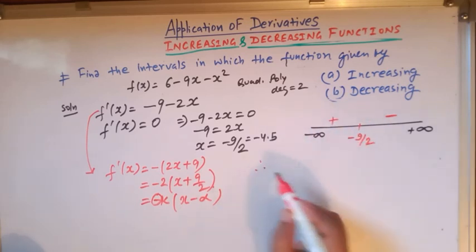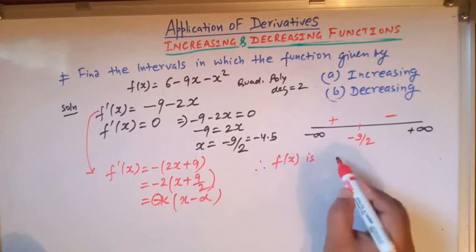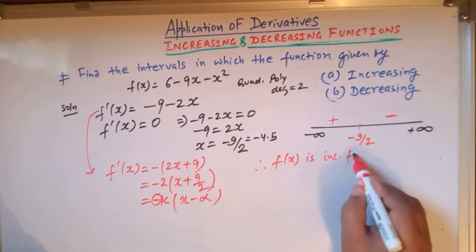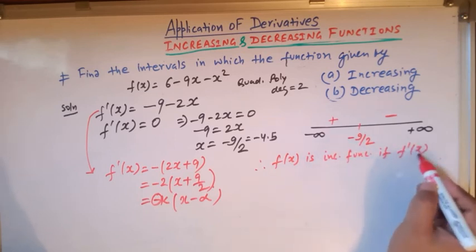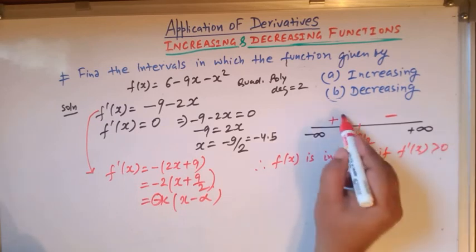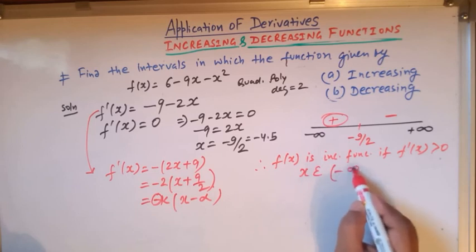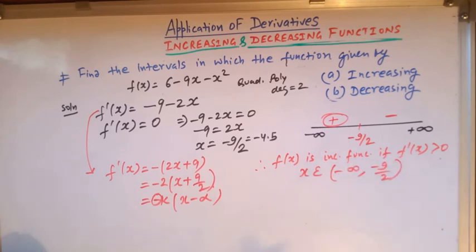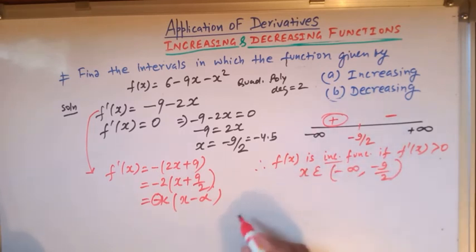So therefore f(x) is an increasing function if the derivative of f is greater than 0. It means we have this interval, that is x belongs to minus infinity to minus 9 by 2. So this is the interval in which the function is increasing.